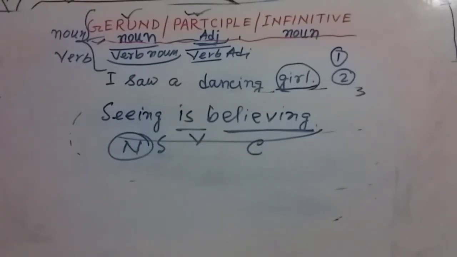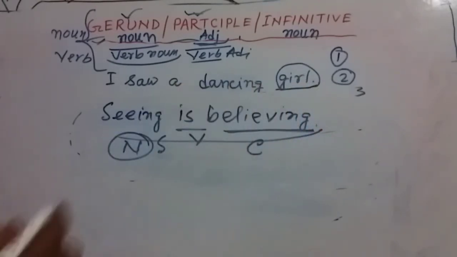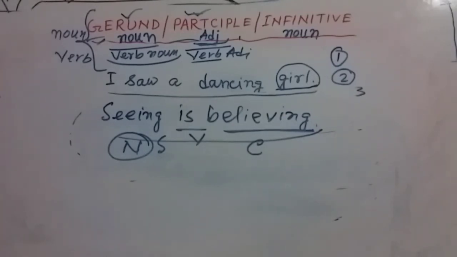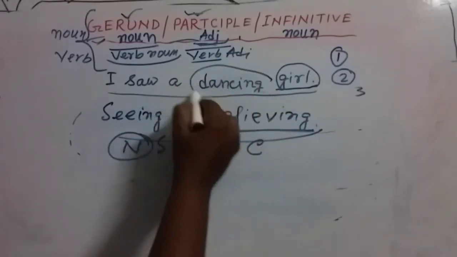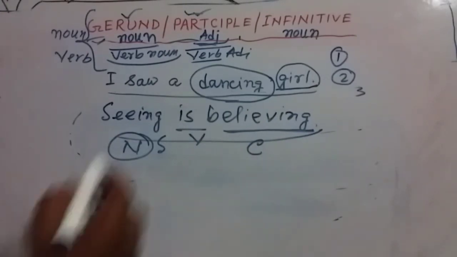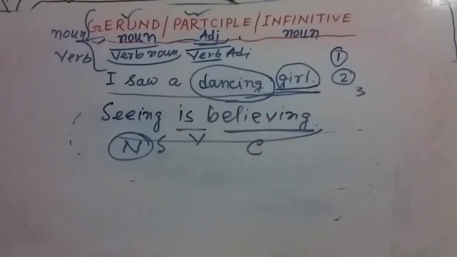So here in this sentence, if you think about the meaning, you can see this term, dancing or dancing girl, always gives you a picture of a movement.